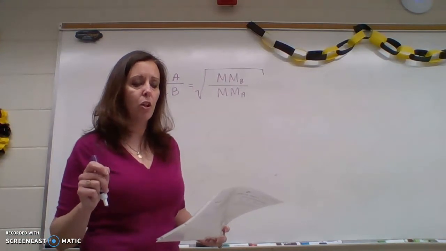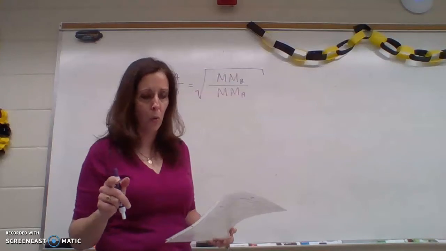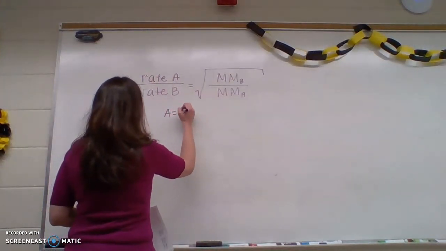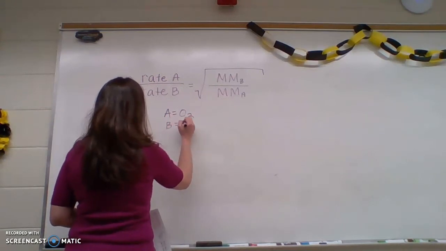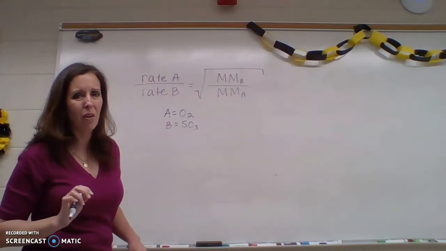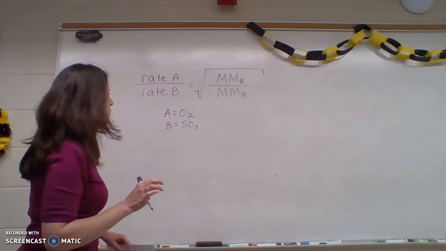How fast would a molecule of sulfur trioxide travel at the same temperature? Okay, so I'm going to say that A is oxygen and B is sulfur trioxide. And I know it might be a little bit of extra work to write that there, but it'll keep you straight in the long run, okay?